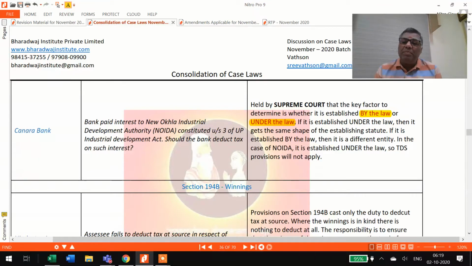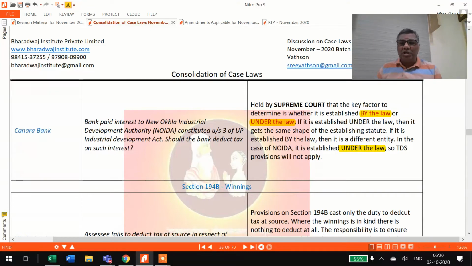If it is established by the law, it is a different entity. For example, a company incorporated under company law is different, whereas Life Insurance Corporation or Tamil Nadu Housing Development Corporation, established under a law, is different. In the case of Noida, it is established under the law, so it is like government itself.